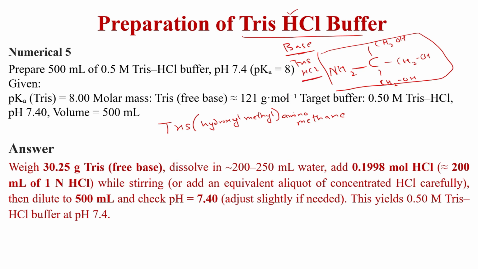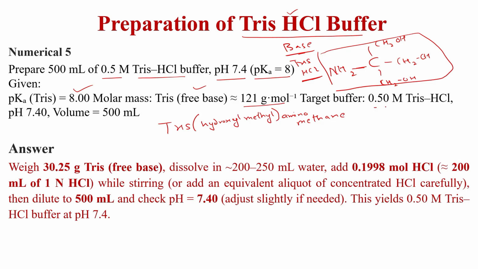Okay, so here let us see how to solve this numerical. We are asked to prepare 500 ml of 0.5 molar Tris-HCl buffer, pH is 7.4, pKa of Tris is given as 8, molar mass of Tris free base is equal to 121.